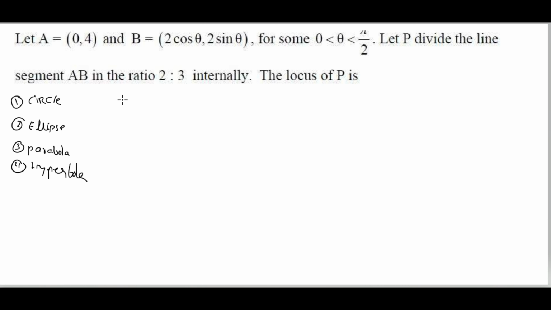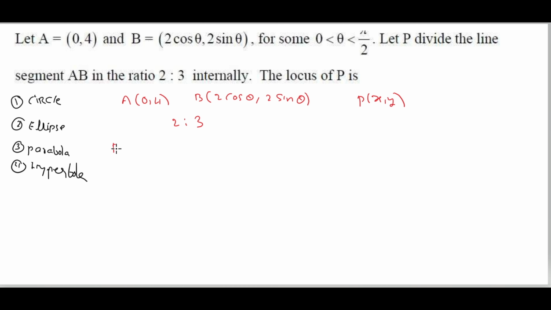Here is given capital A point is (0, 4) and capital B is (2 cos theta, 2 sin theta). These 2 points are divided by a point P, let us take P(x, y), in the ratio 2:3.